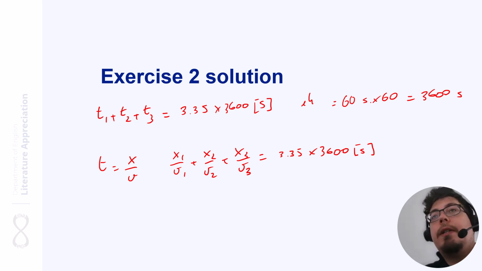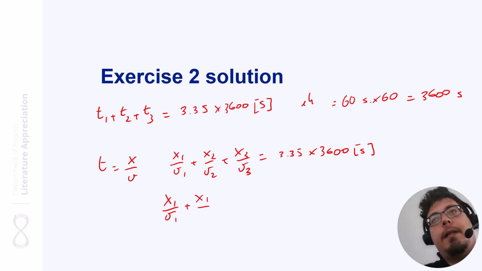We have a relation for that. Otherwise, we wouldn't be able to solve this equation. So we change everything in x1, and we know that x2 is half of x1.